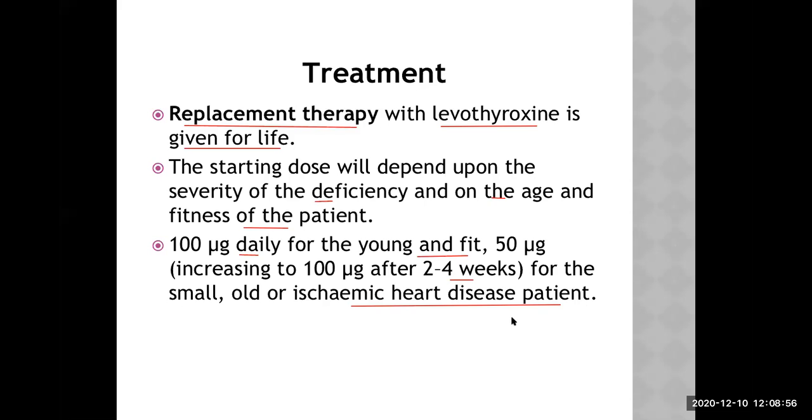But you don't need to panic or worry. If the patient is producing the signs and symptoms of hyperthyroidism because of over treatment, you just decrease the dose. And if you think the dose is not enough, just increase it. That's how we are going to do.